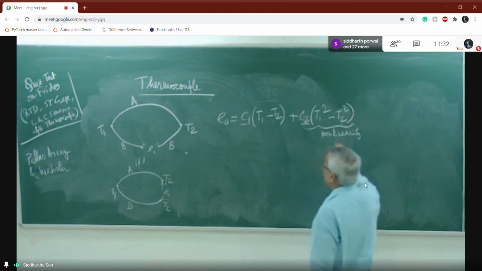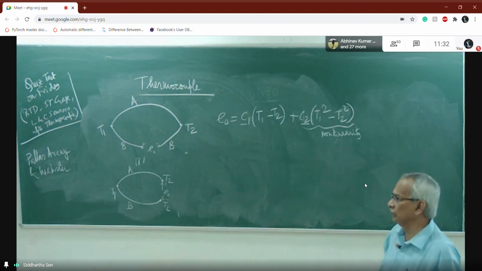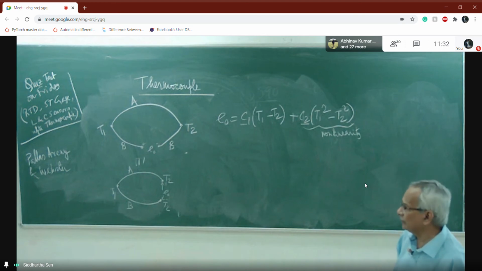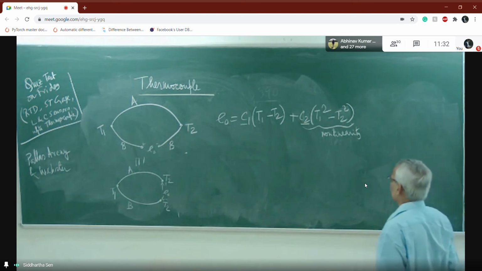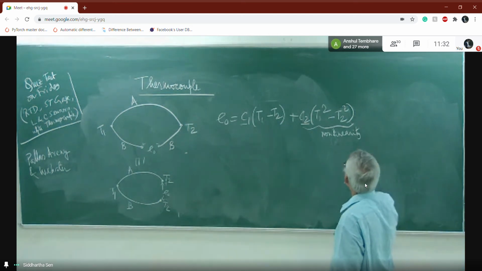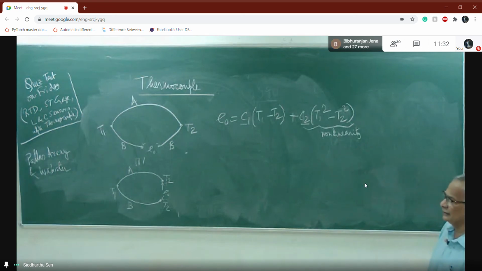So the thermocouple characteristic is not linear, but for a small range we can consider it linear, since C2 is smaller. But over the overall range it's non-linear, and as a result its sensitivity will also change from temperature to temperature.